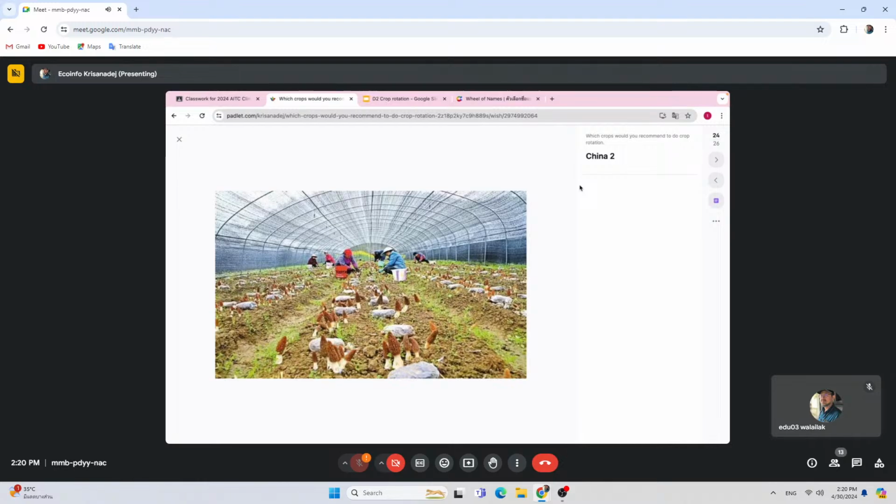Let me calculate. 1 yuan is 5 baht, so 120 times 5 is 600 baht per kilo, only for the fresh mushroom. If fried, it's much more expensive.